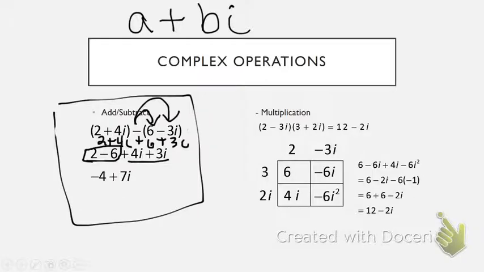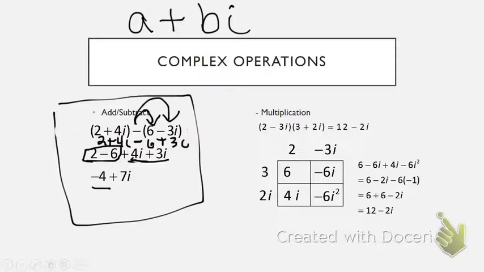I made a mistake, you guys. Even in my notes it was there, but this is a minus 6. I apologize very much. That is my fault. So, with that being said, 2 minus 6 is a negative 4, and then 4i plus 3i is a 7i.